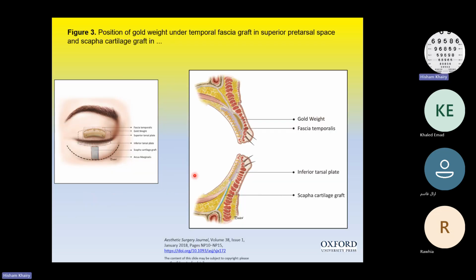So how would we treat this? This patient was treated with a gold weight to decrease exposure keratopathy, and a lower lid with a cartilage graft to support the lower eyelid.